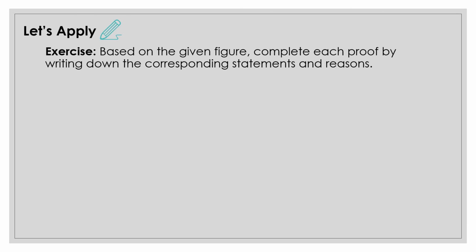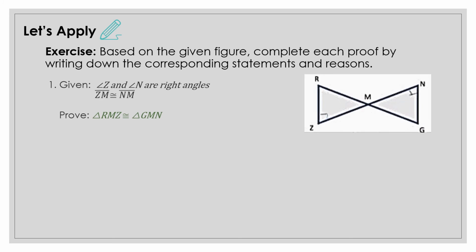Now let's try answering. Let's apply from your module. Based on the given figure, complete each proof by writing down the corresponding statements and reasons. So we have here our illustration and the given. We are to prove that triangle RMZ is congruent to triangle GMN.